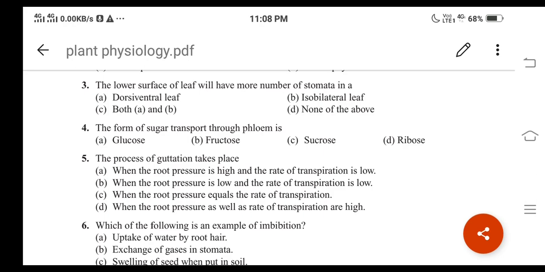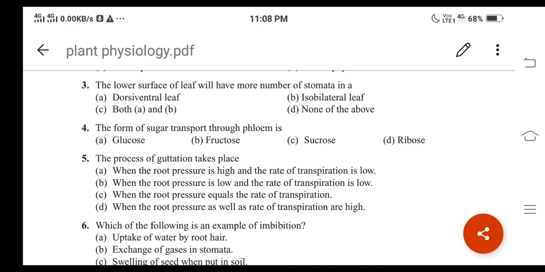Then question number 5, what is there? The process of guttation takes place. The different options are like this: when the root pressure is high and the rate of transpiration is low; when the root pressure is low and the rate of transpiration is low; when the root pressure equals the rate of transpiration; and when the root pressure as well as the rate of transpiration are high, right?